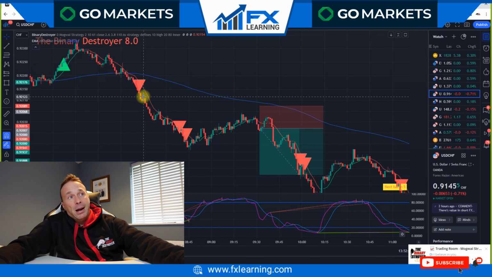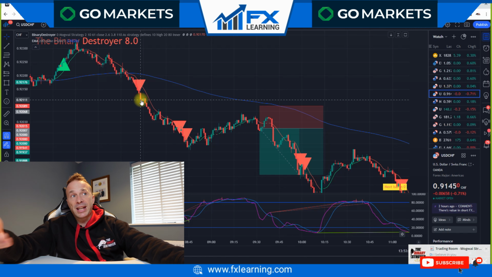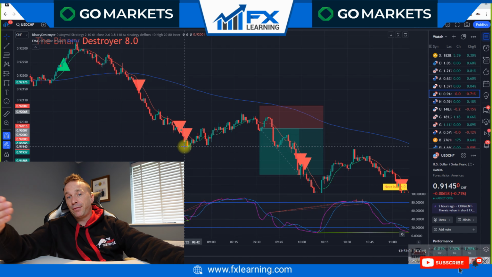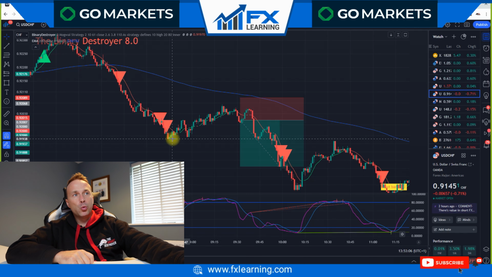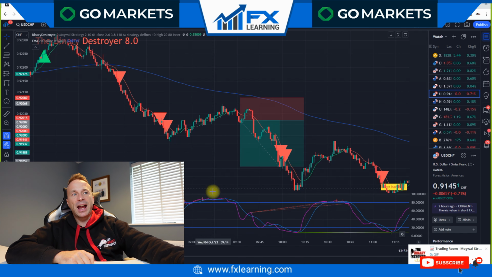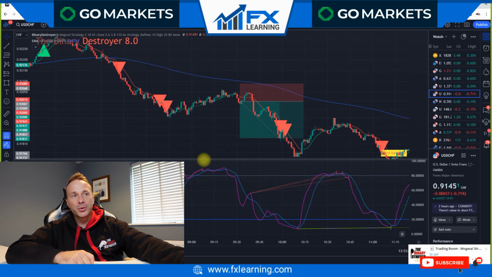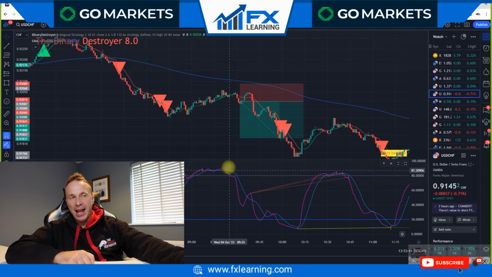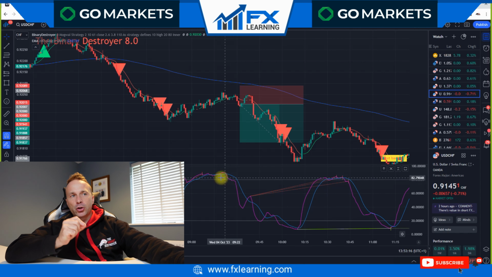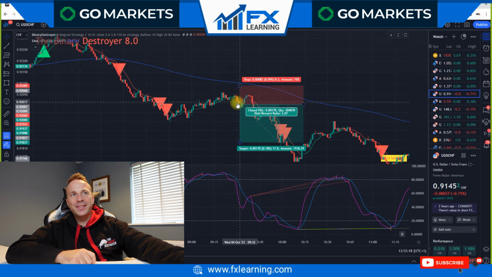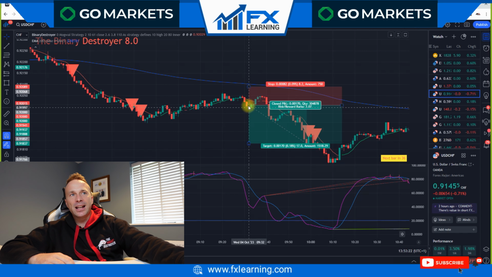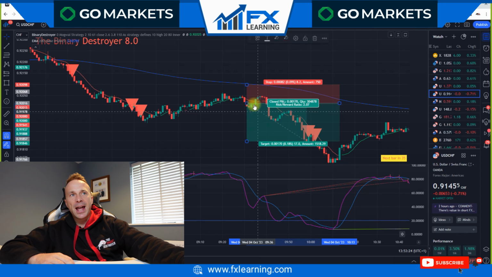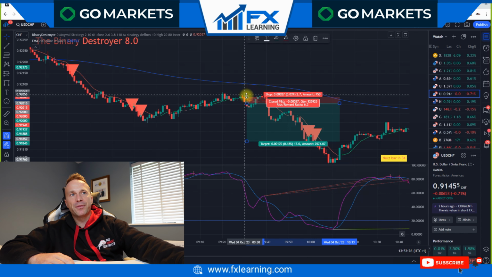You can take a trade at the arrows if you want. However, if you're a little bit patient, you wait for the pullback, and the pullback is confirmed by the MACD crossing over just there. As soon as the MACD crosses over, we wait for the TCA line to turn red, which is there. We put our stop loss above the high.